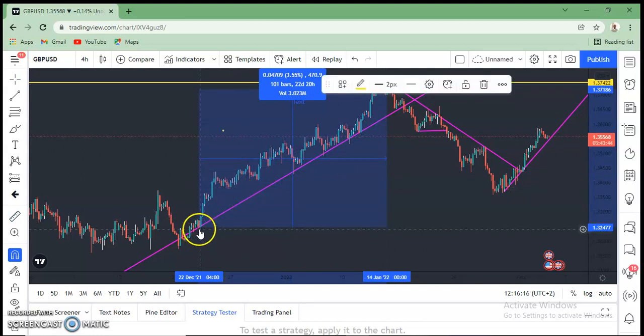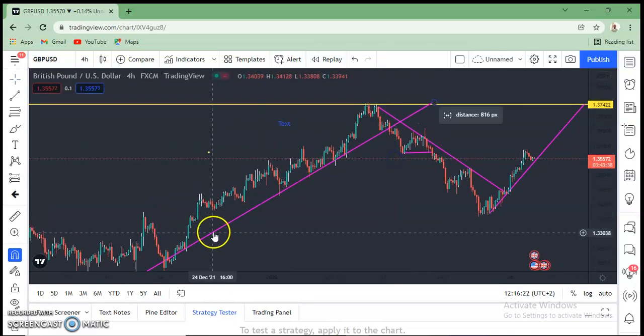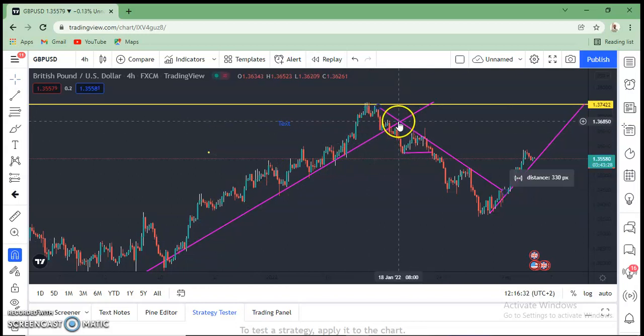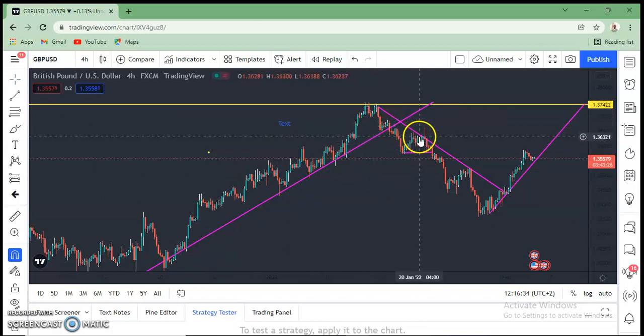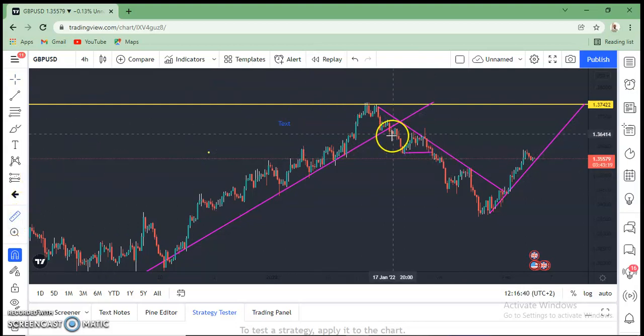Because if you could have bought here, the market reached to this point. So that means this distance could have given you money. If you could have sold here or here, you could still have made money because the market came all the way down.